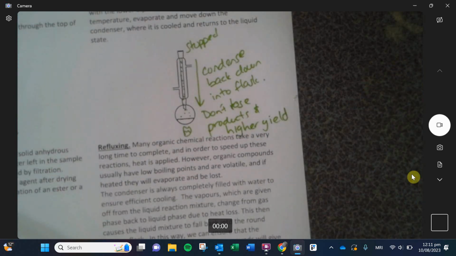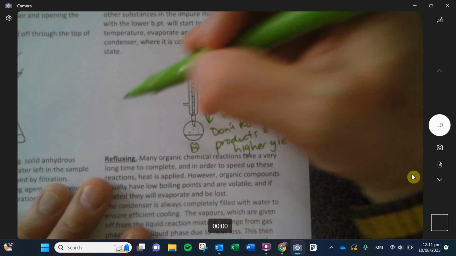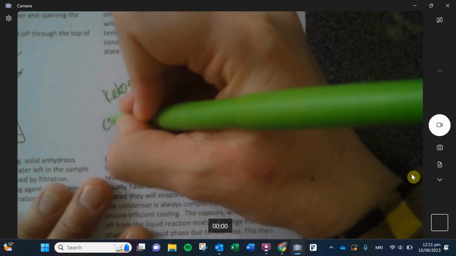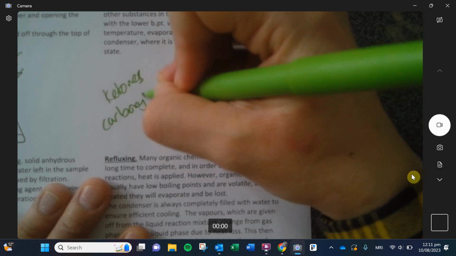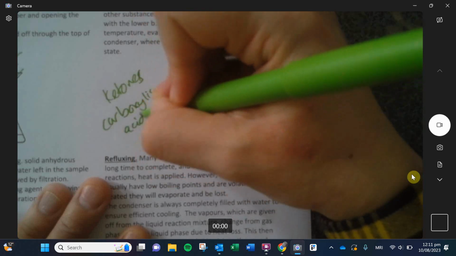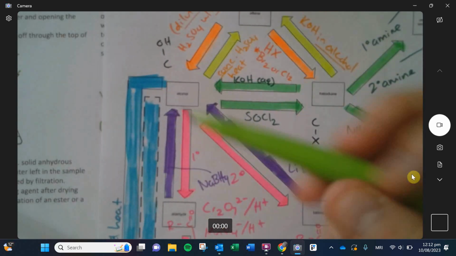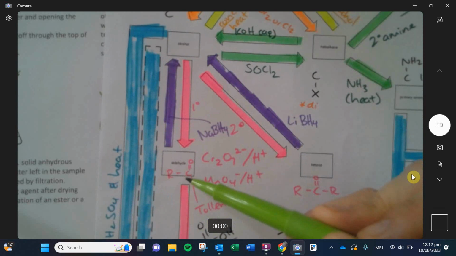So this one we commonly use when we're trying to make ketones and carboxylic acids. Because with the carboxylic acid, I do want for both steps to occur. So I don't want to remove the aldehyde as an intermediate. So just to kind of show you the flow chart. Alcohol to aldehyde.